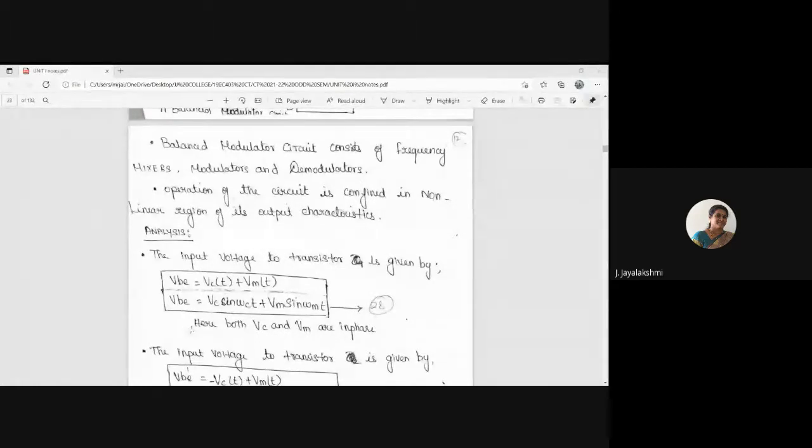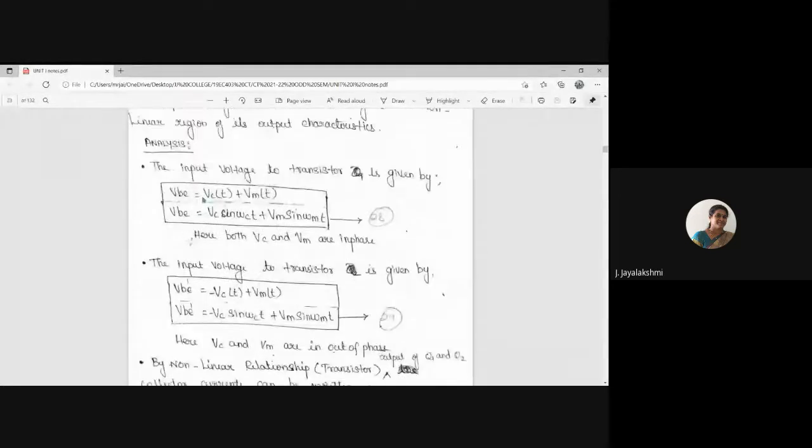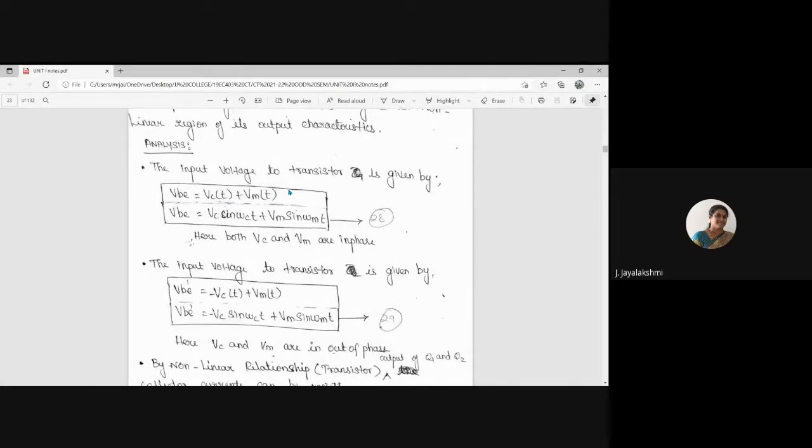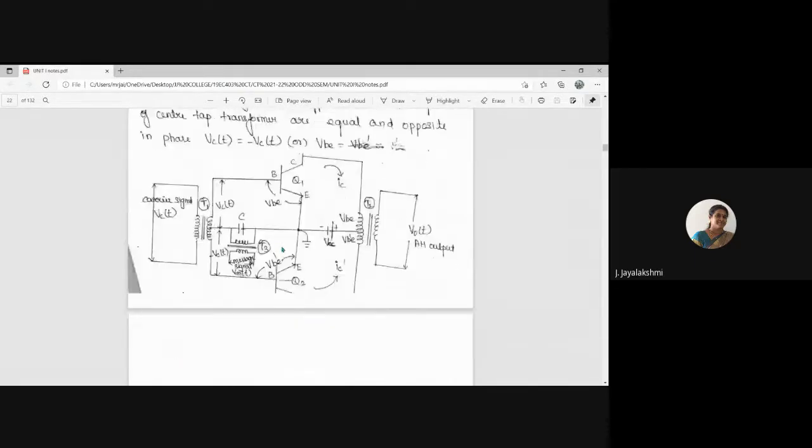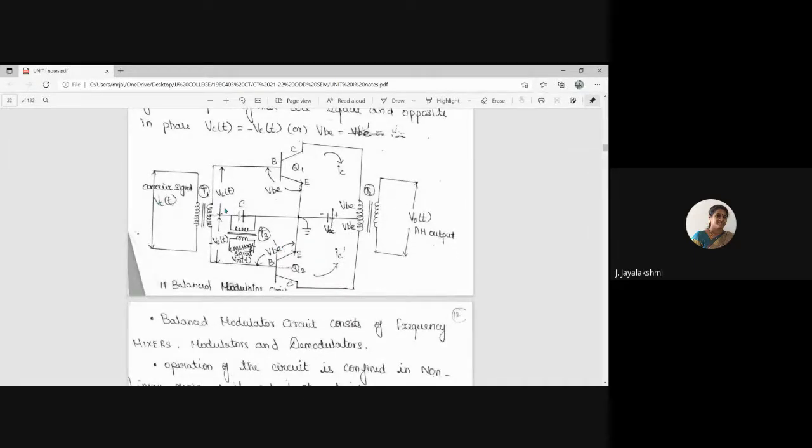Now, going to the analysis of the same modulated signal. The base-emitter voltage is going to be the carrier voltage plus the modulating signal. So how are we going to apply this? The carrier voltage as well as the modulating signal voltage appear at both the bases of the transistors.